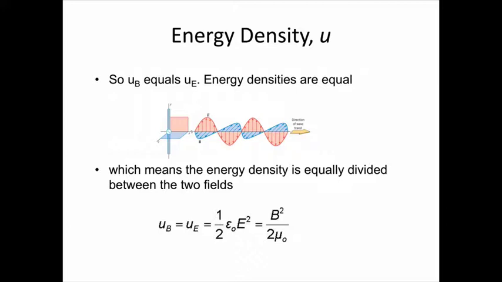This is saying that the instantaneous energy density in the electric field equals the instantaneous energy density in the magnetic field, and that is always true. So in any volume of space, the energy is always going to be equally shared by the two fields.